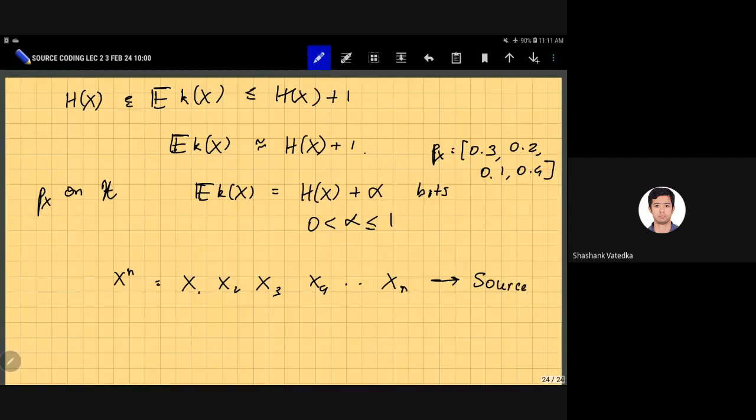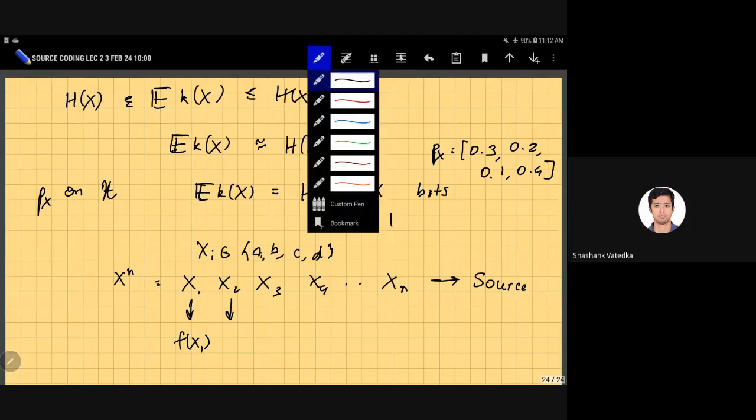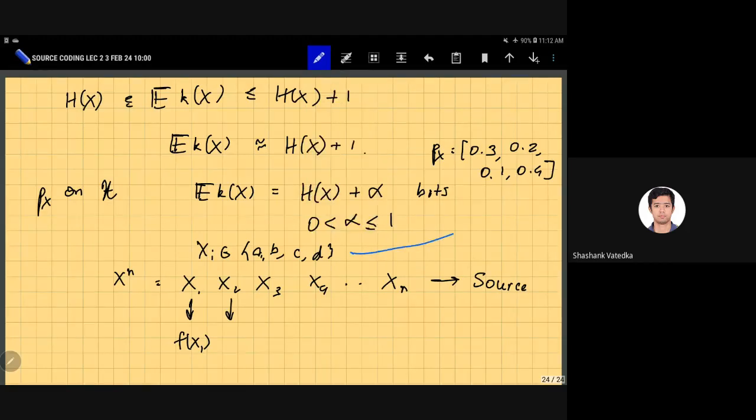And what we could do is symbol-wise compression of this. You compress each symbol using the Huffman code design. So maybe each xi comes from A, B, C, D, and the probabilities are as we have over here.